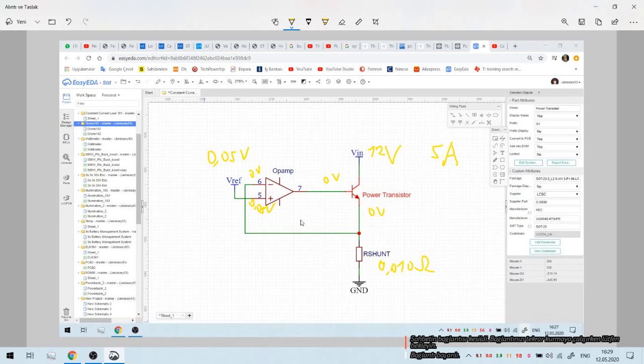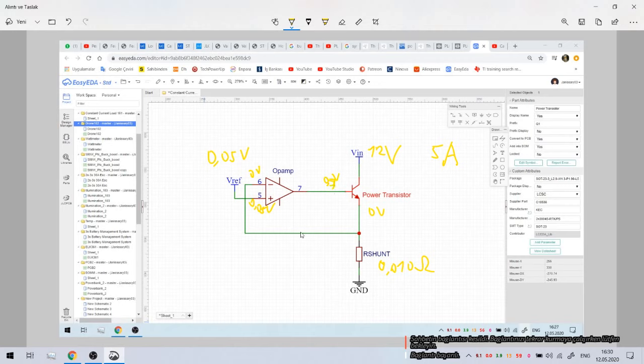So current is not going, but we have voltage in plus terminal of op-amp. So the voltage of op-amp output will increase, so that it is going to BJT, which has a diode. After 0.7 volt, current will start flowing.